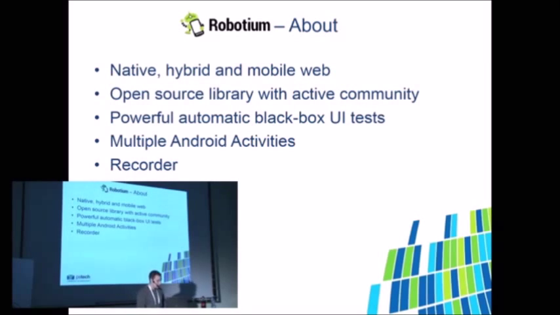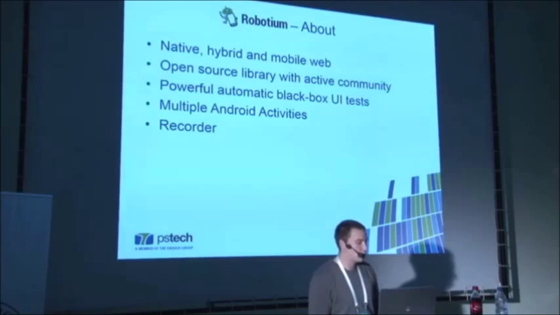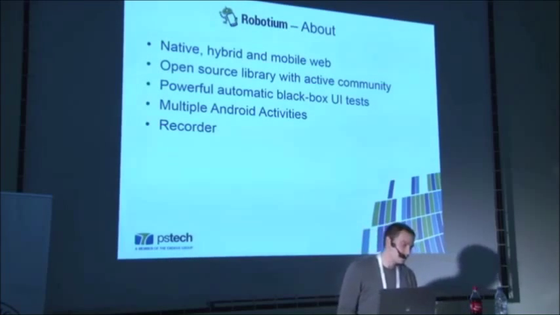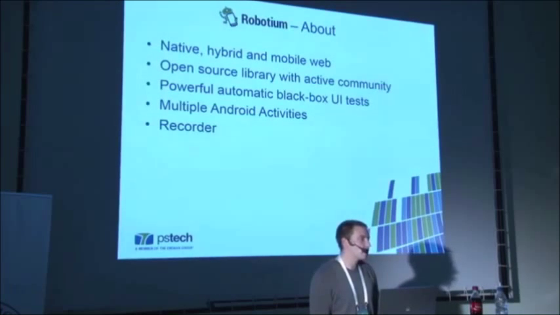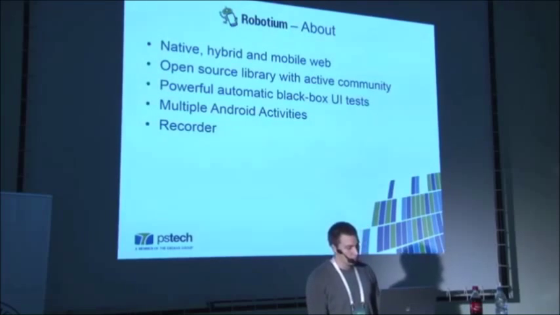It is very powerful for writing automatic black box UI tests for Android applications. It handles multiple Android activities automatically, so you don't have to worry about those. And it has its own recorder, so you can record some very complex test cases in only a few minutes and you have everything set up.